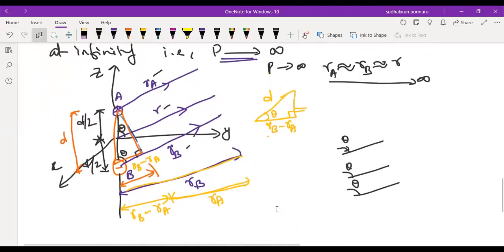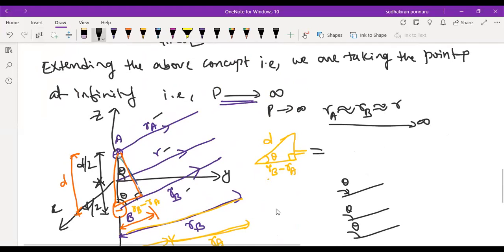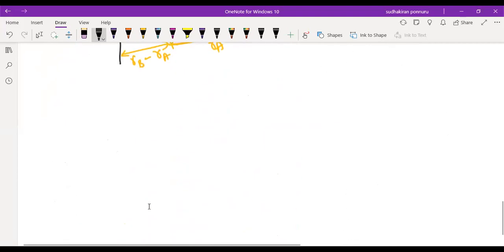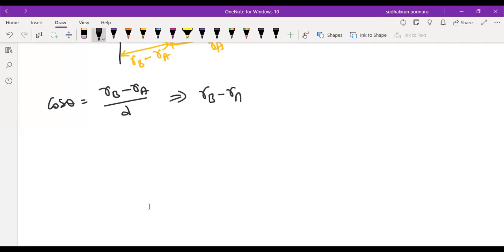From this above right angle triangle, what will be the value of cos theta? Cos theta is equal to the adjacent side, RB minus RA, divided by the hypotenuse, D. So cos theta is equal to RB minus RA divided by D. From this, the value of RB minus RA is equal to D cos theta, which is our equation number 2.